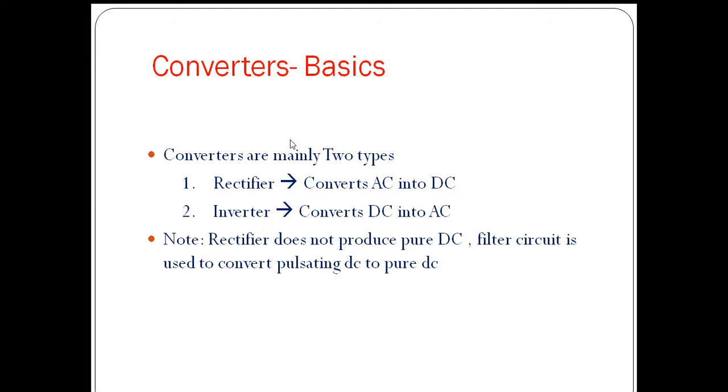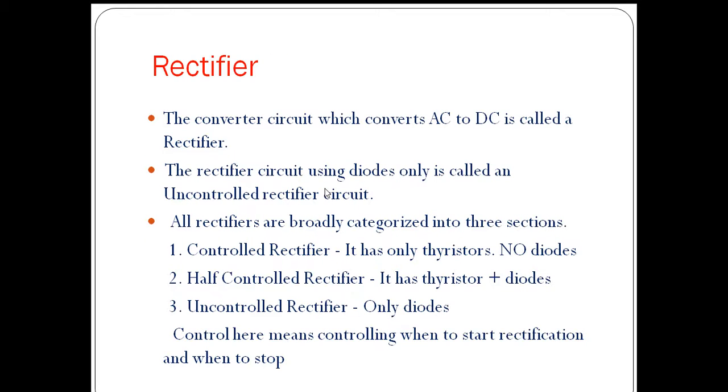From now onwards, whenever there is a converter, we are mainly focusing on the rectifier. A rectifier is a device which converts AC into DC. Actually, it is not pure DC, but pulsating DC.